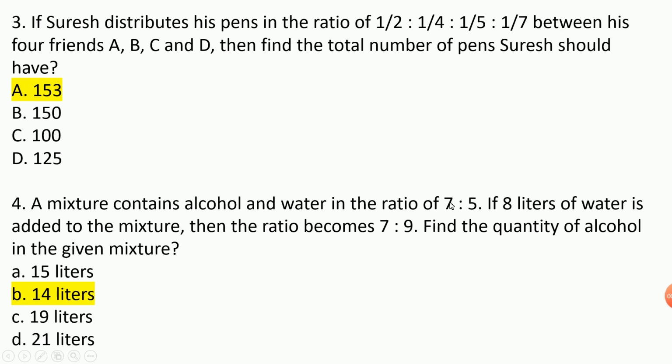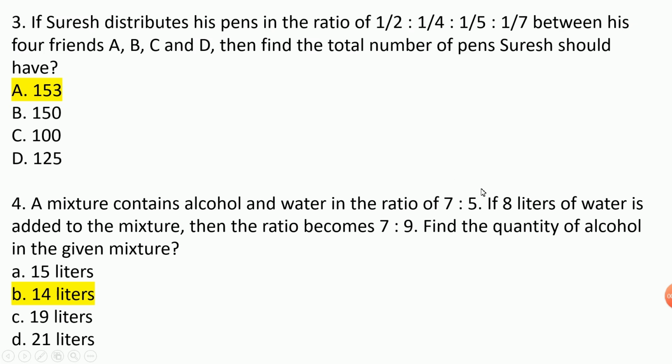And the 5 and 9 get some value after adding. Now if it is 14 liters, then the multiplier is 2, and 5 twos are 10, so 10 liters. Now 18 adding 9 liters, like that we can calculate.